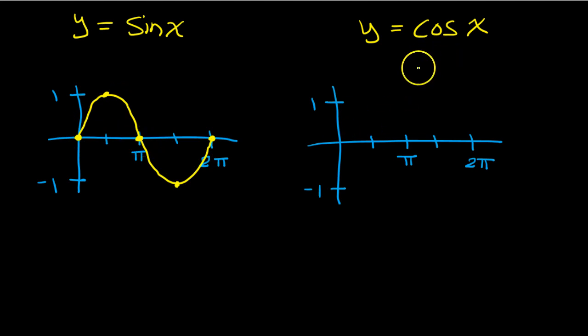Now the cosine function starts at 1, and then it falls to the midline, and then it goes to its lowest point at -1, returns to the midline, and then ends at its highest point. So this is what the parent function looks like for the cosine.